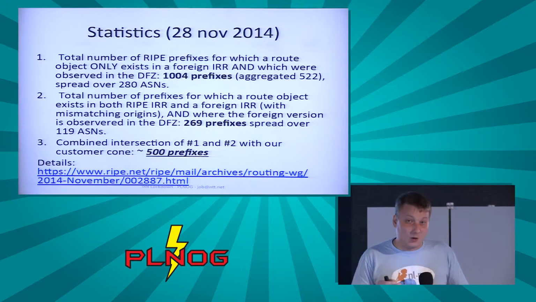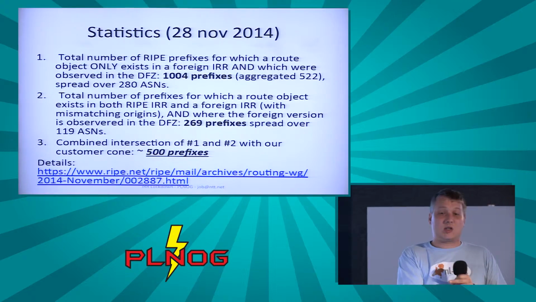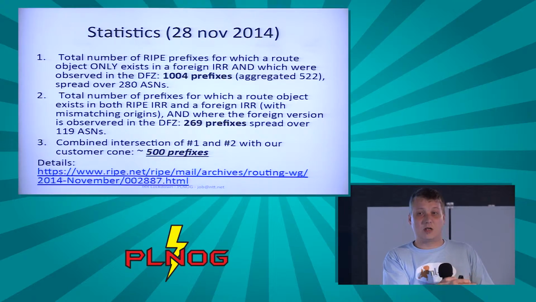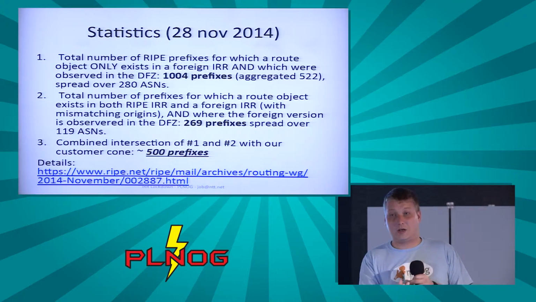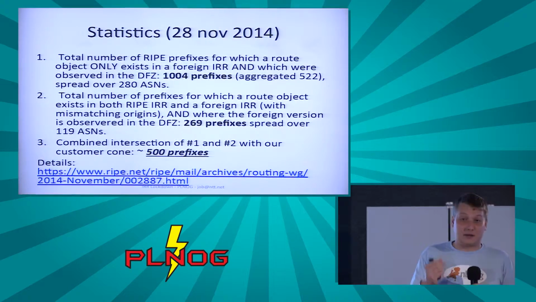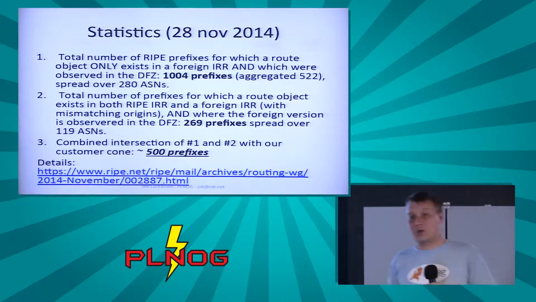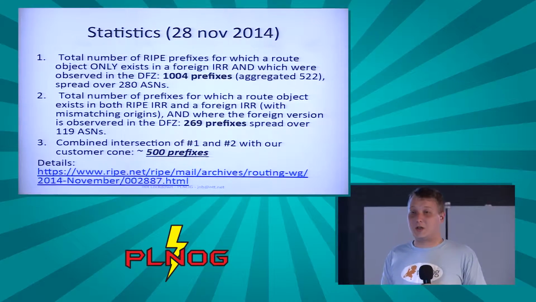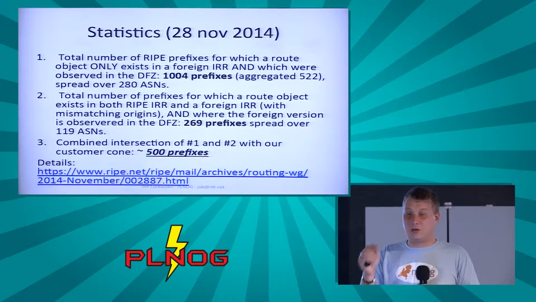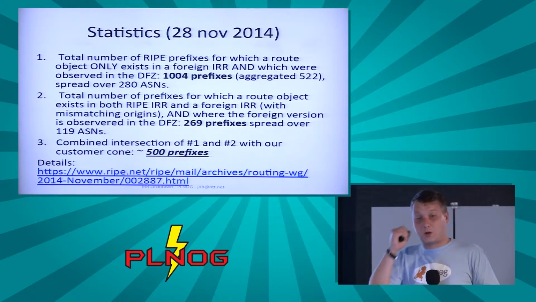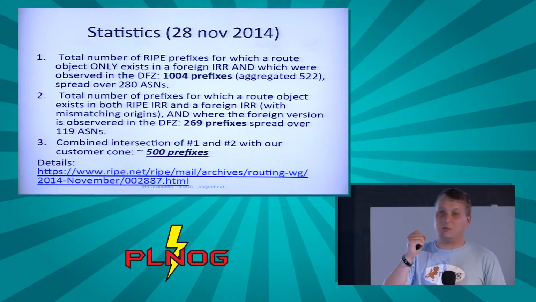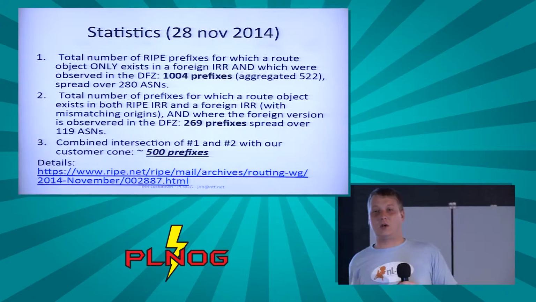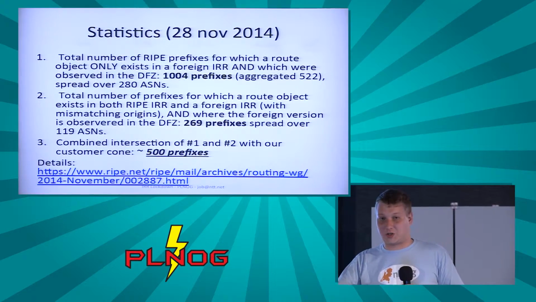And if I look at what's actually in our customer base, that number goes down to 500 prefixes. This is, in my opinion, very good news, because 500 prefixes is a small enough amount to literally get on the phone and call each of those customers and tell them, look guys, you need to move your route object to the RIPE registry.